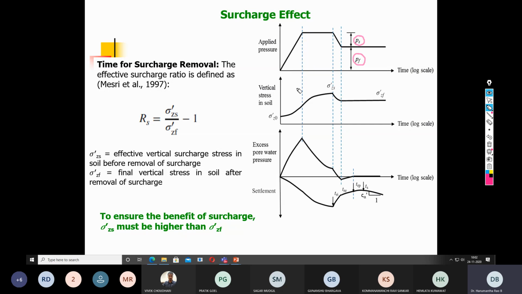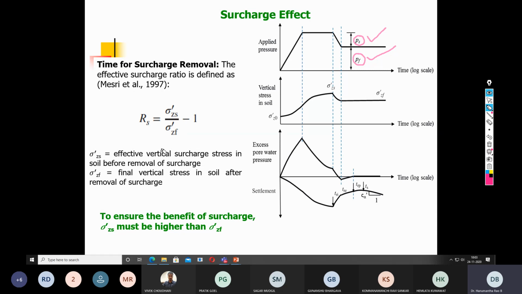If you want to account for this removal of the surcharge load, then we can determine another factor, that is the effective surcharge ratio, which is defined as sigma dash ZS divided by sigma dash ZF, minus 1.